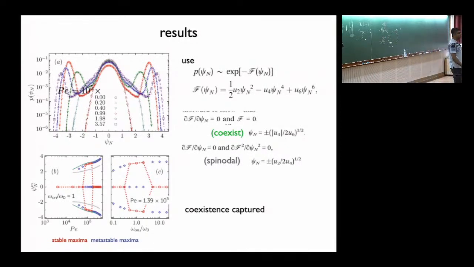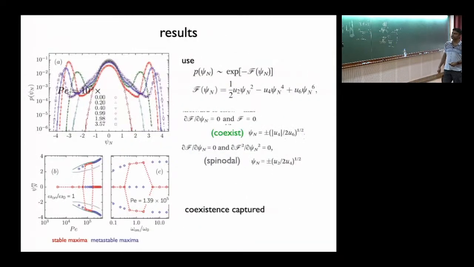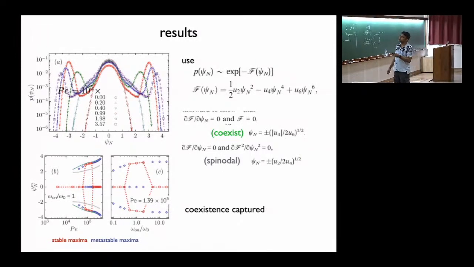So that non-monotonicity is there. And another thing is that of course there is a coexistence. Okay, so that's the numerical result. Then I see there is this triple maximum, and seeing that, from our physics background I can immediately know what kind of function it can be fit to.